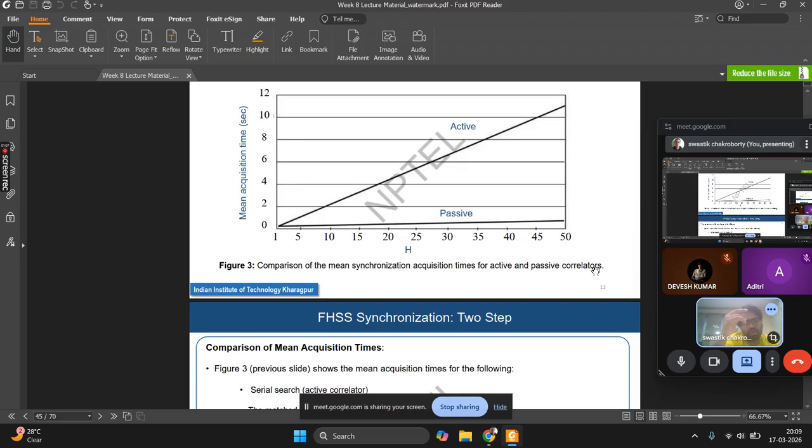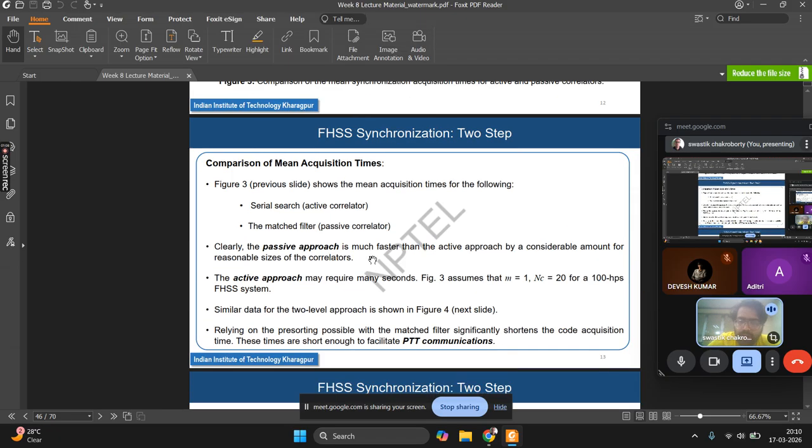It is not searching through the hops one by one. Whereas with a bank of correlators, you are sifting through hops one by one. So the acquisition time will increase with hops, because as many hops as you have, that much time it will take. In other words, the complexity is big O(1) for the passive one and big O(n) for the active one.